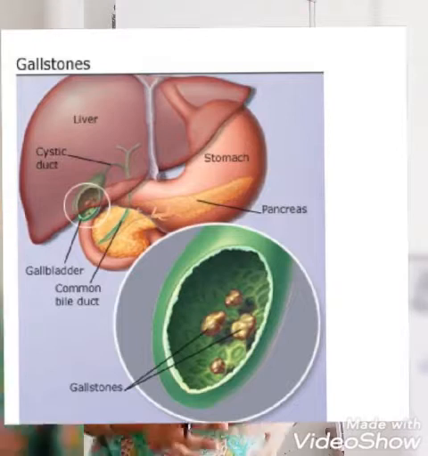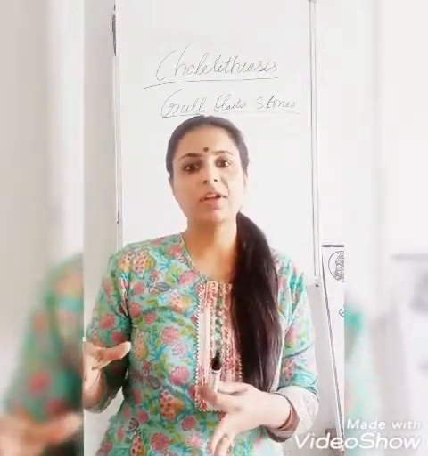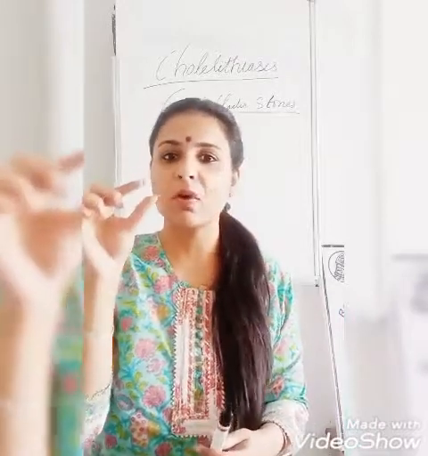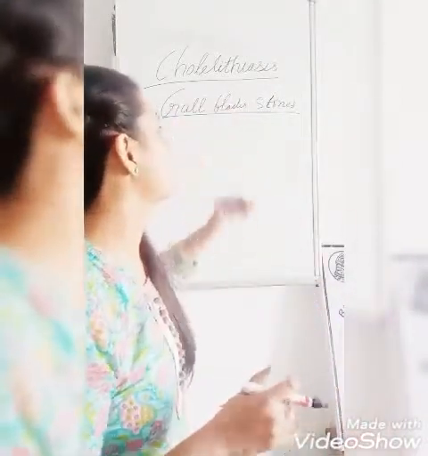We all know what is gallbladder. It is a pear-shaped organ placed beneath the liver. It is placed below the liver, and it is a very small pear-shaped organ. The liver is on the right side, so it is also on the right, beneath the liver, in the right hypochondrium.